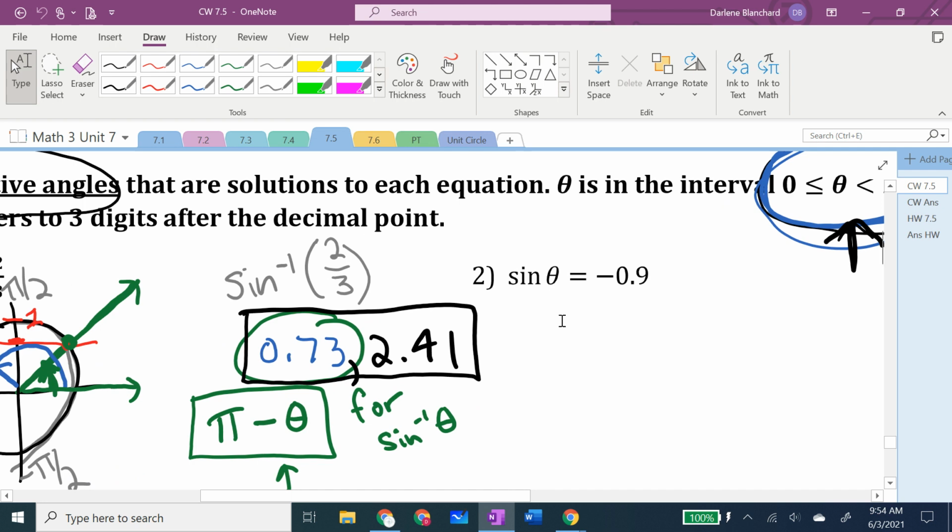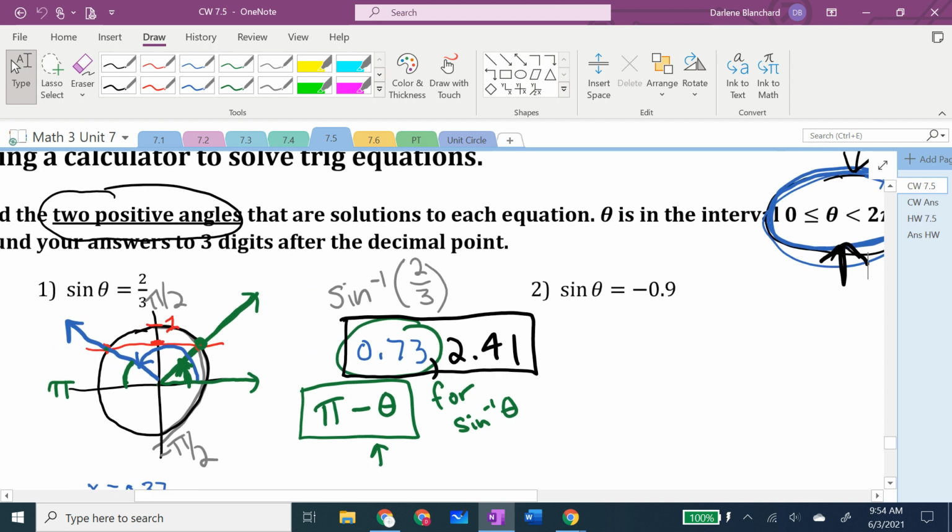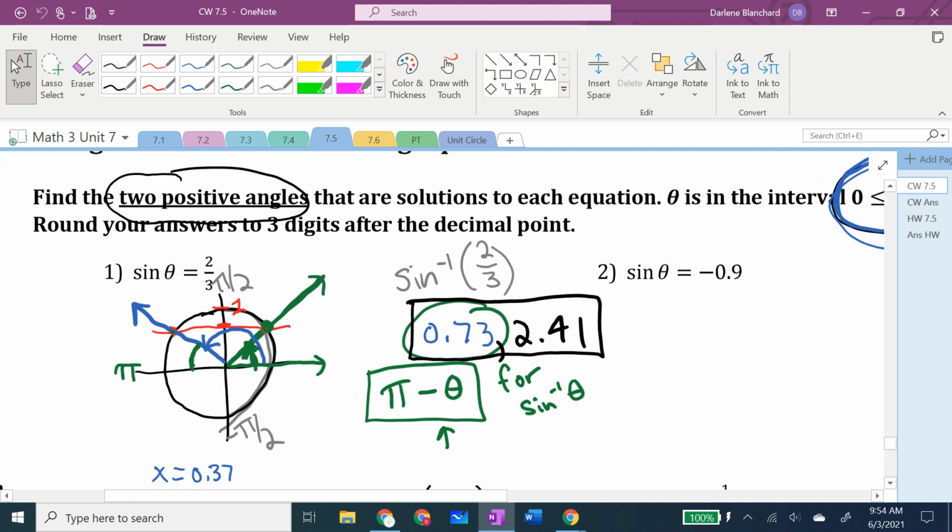And you need to be aware that when you're dealing with your trig functions, with certain very small exceptions to the rule, there are two angles within this entire roundabout circle that are answers to this equation, but your calculator is only going to give you one of them.